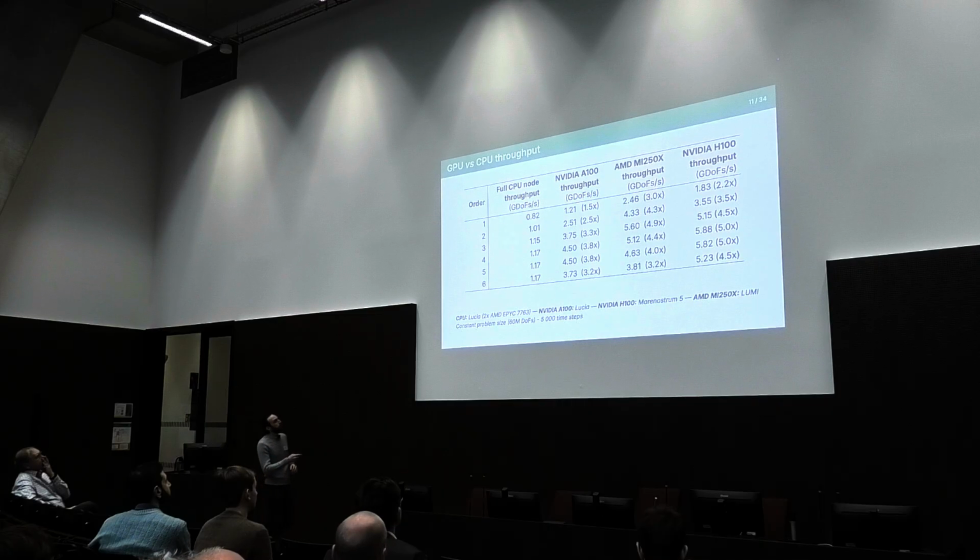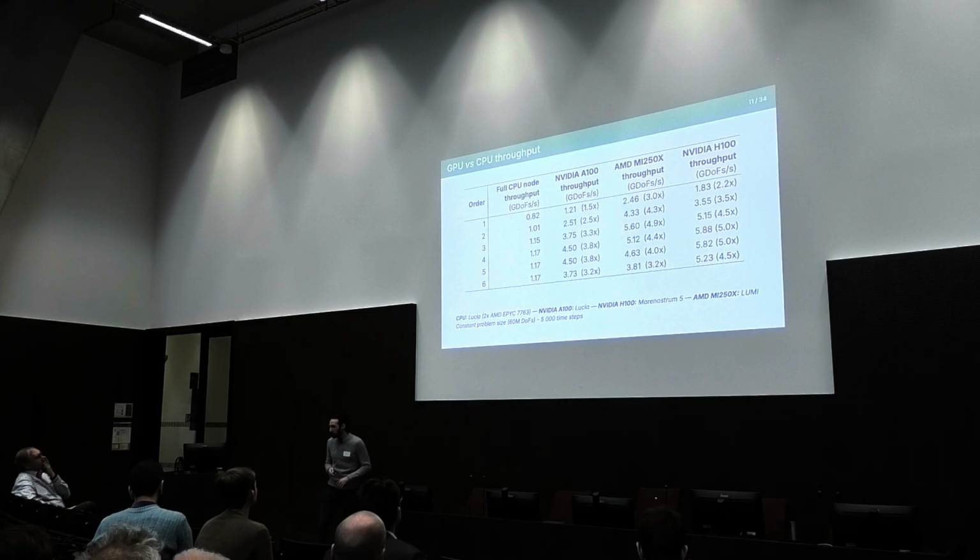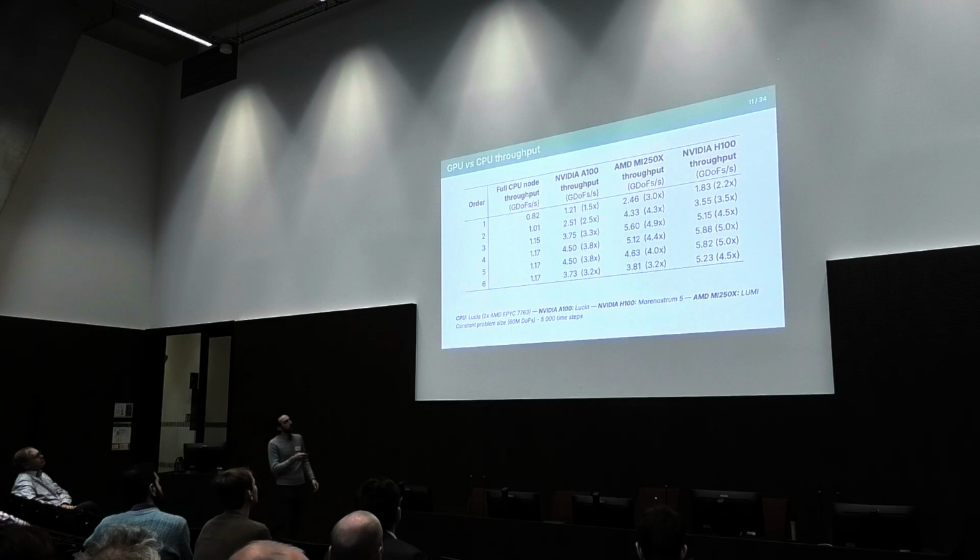You have the throughput in gigaDOF per second, and then the same throughput for different GPUs: the NVIDIA A100 for Lucia, the MI250X of LUMI, and the H100 of MareNostrum 5. You also have the speedup relative to the CPU.